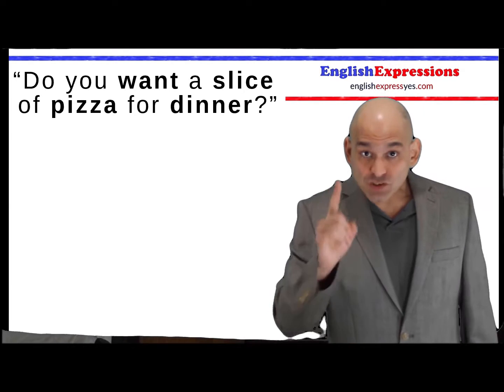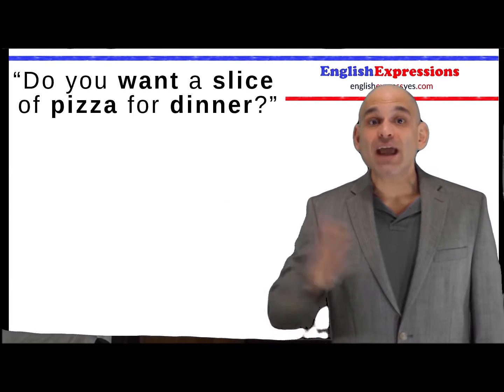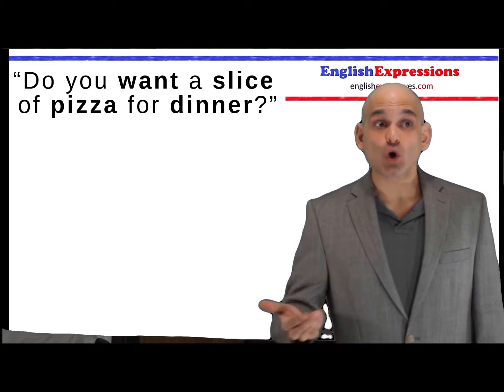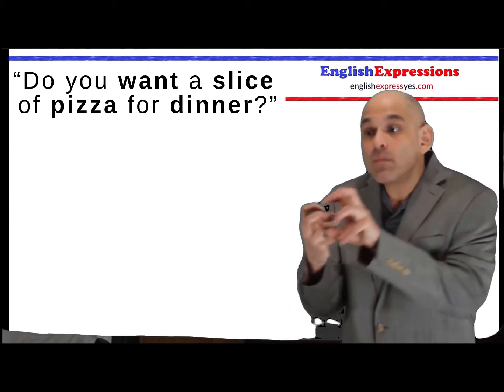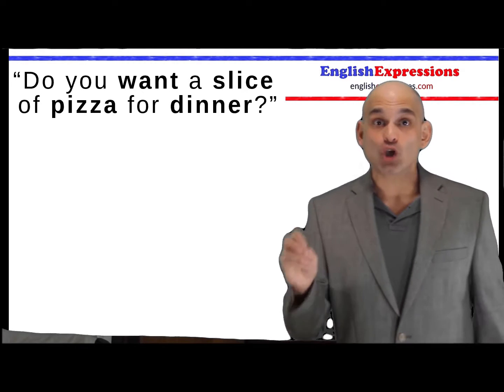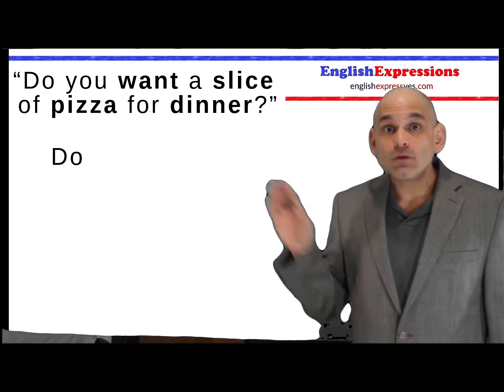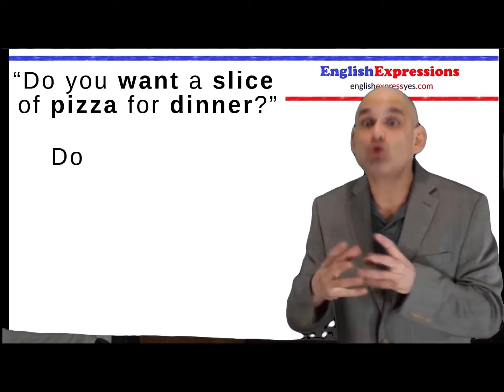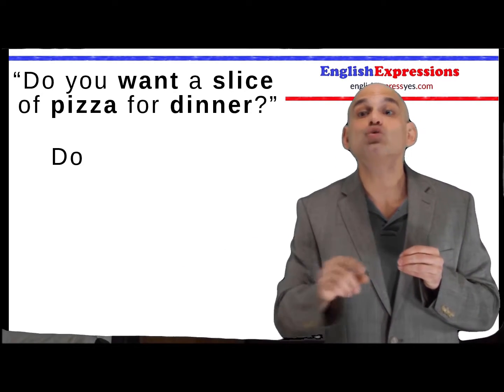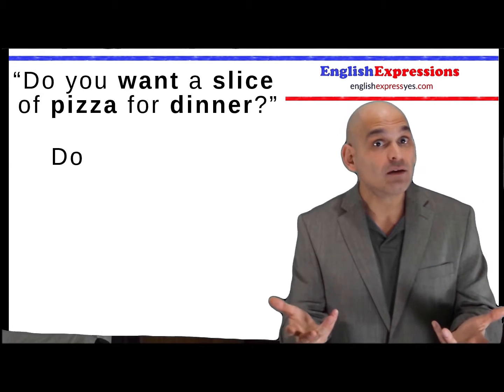Now, first thing we do is look at the function words, and the vowel sounds in the function words, we will switch them with schwa. So, "do," we will say "do," the vowel sound "ooh" is too long. We will use schwa. And what do we say?